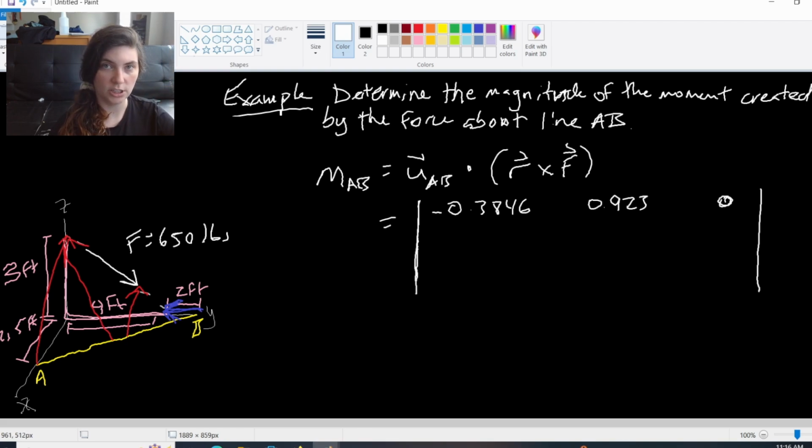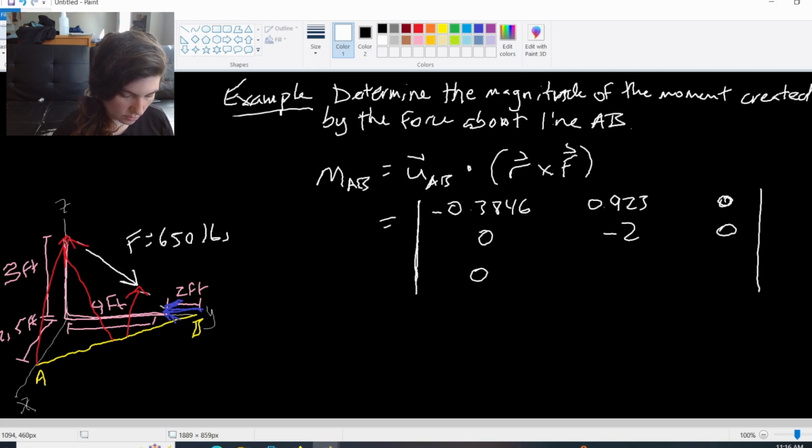That was our unit vector. Then our position vector, right, we said was -2 j hat, so that's 0, -2, 0. And then finally the force vector that we found: 0, 520 for the y component, and -390 for the z component.